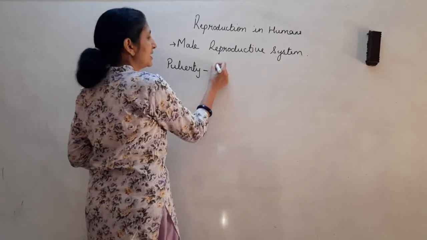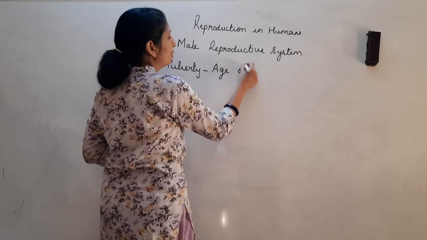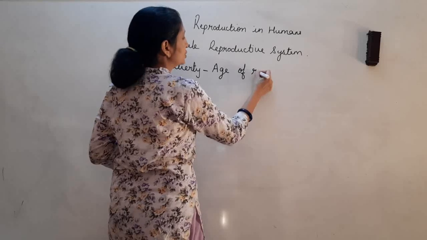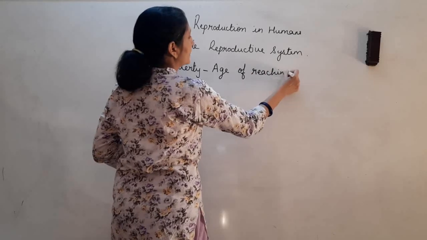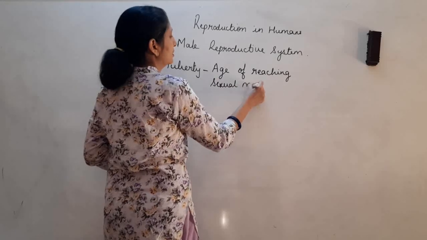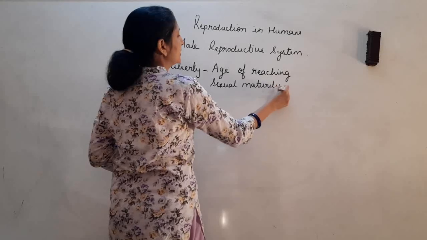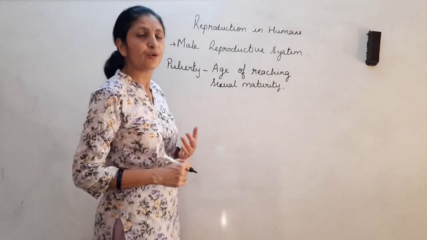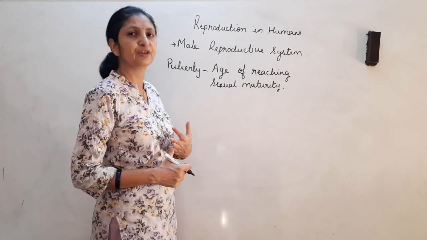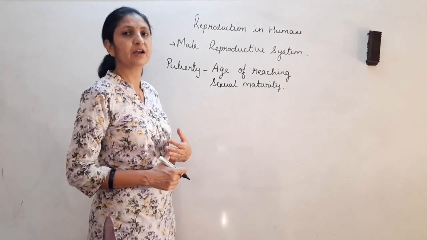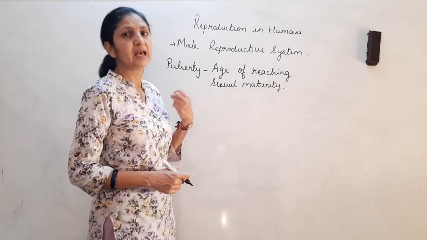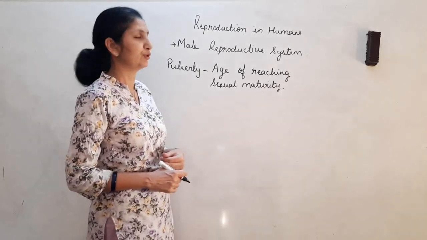Puberty is the age when sexual maturity is reached. और in simple words अगर मैं बताऊं तो puberty is that age when the reproductive organs become actually functional, mature enough and start producing germ cells and hormones which are responsible for that, right?